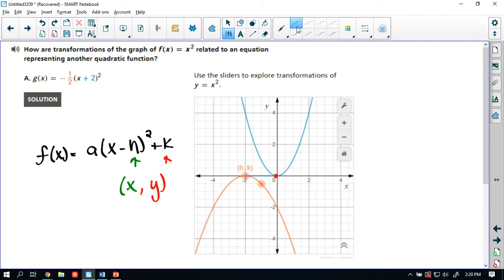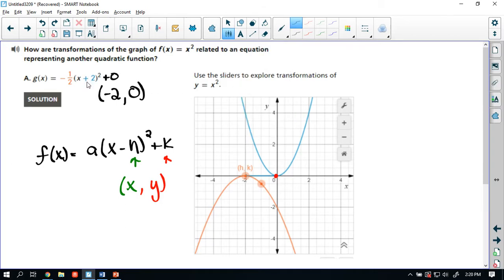In this case, we don't have a k. We're not adding or subtracting. We are multiplying by -1/2, but we are not adding or subtracting. So we're looking at an h of -2 and a k of 0, because we're adding or subtracting nothing from this equation. Notice here too how I changed the sign.